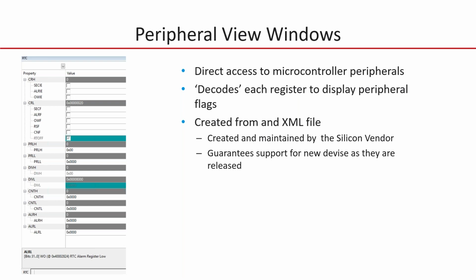This gives us a big advantage that you're not waiting for your particular tool vendor to implement the peripheral views for your particular device. If the silicon vendor has got their act together, then this will be available from day one. And here we can open up, and this gives us a view into all of the peripheral registers and the internal flags inside them.